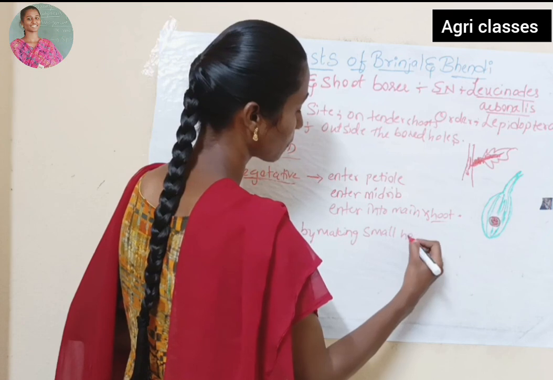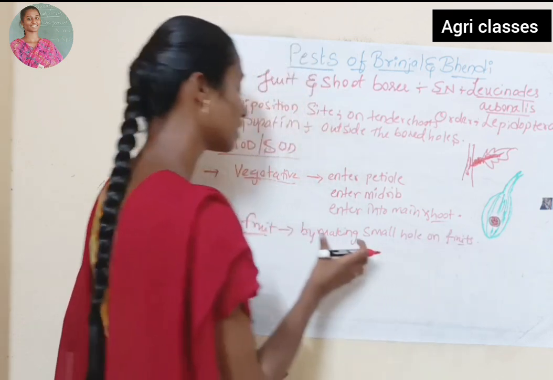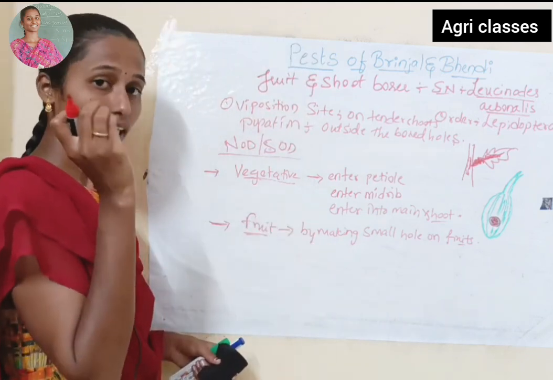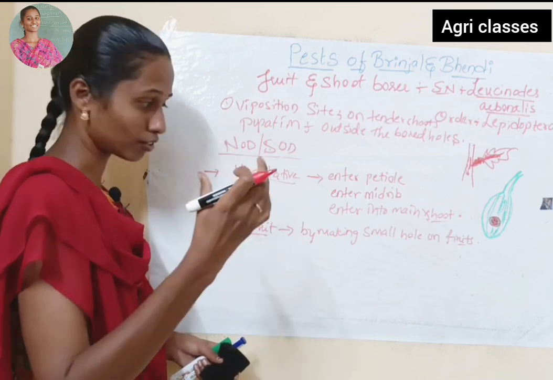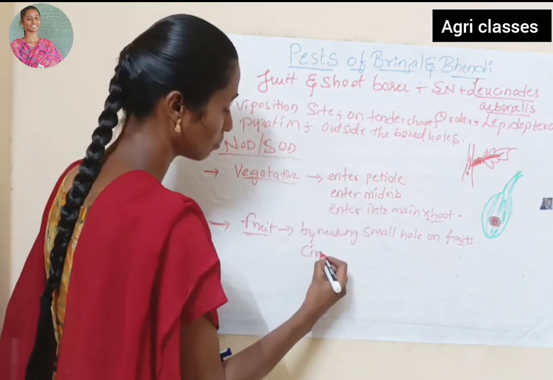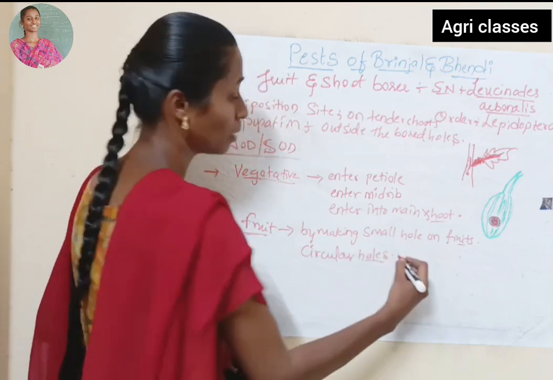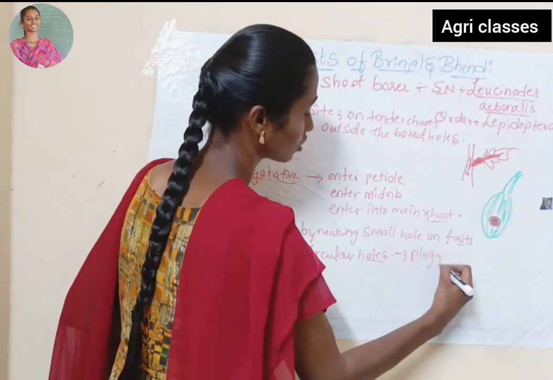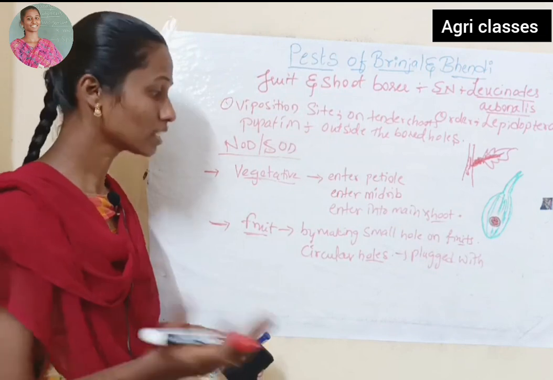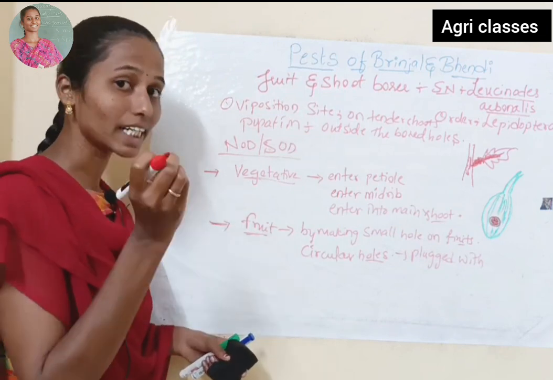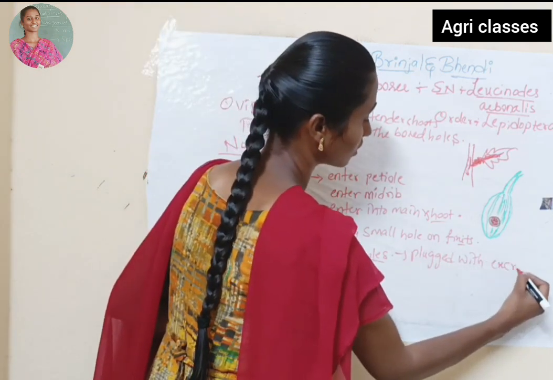Here these holes are small in size during early stages. After the fruit develops, they become big circular holes, and they are plugged with excreta. When we cut the brinjal into 2 pieces, we can observe the larva inside the brinjal.